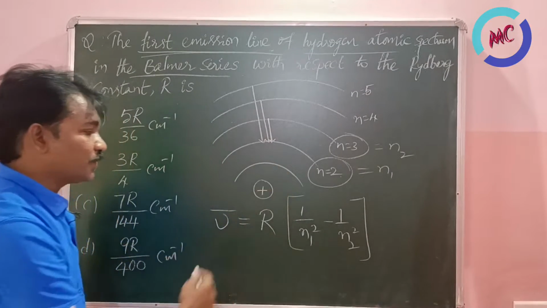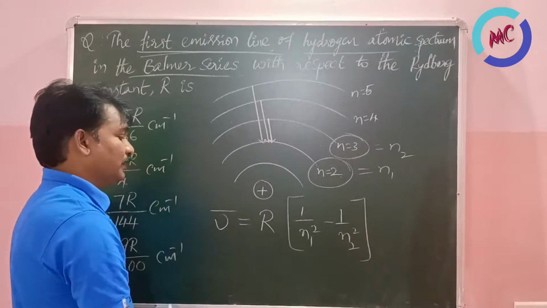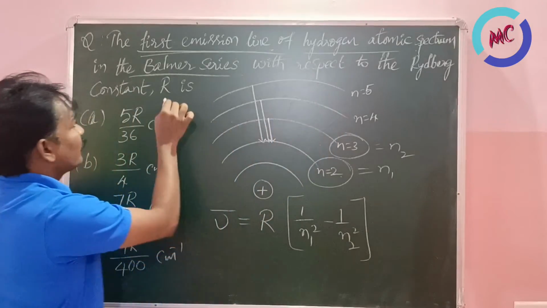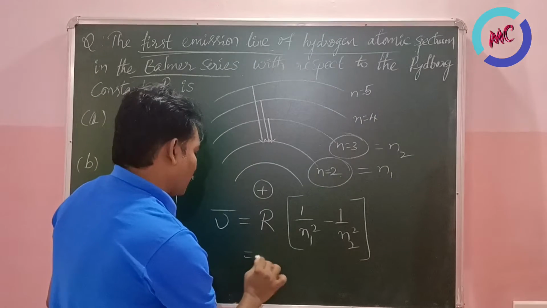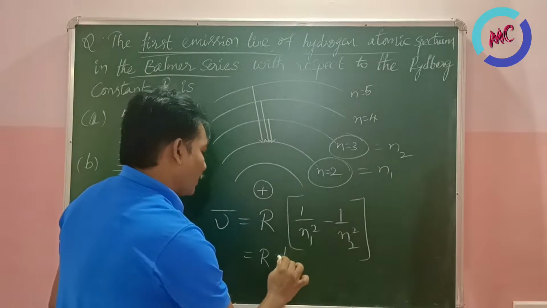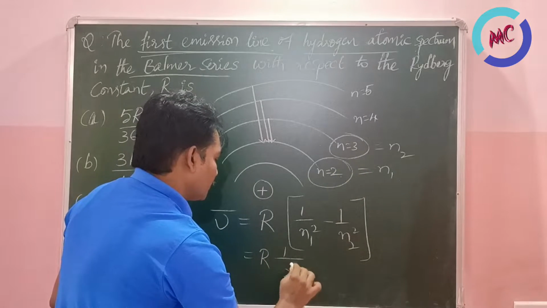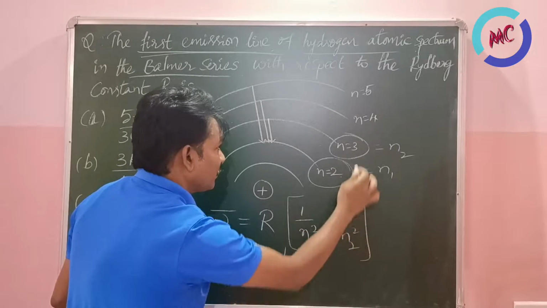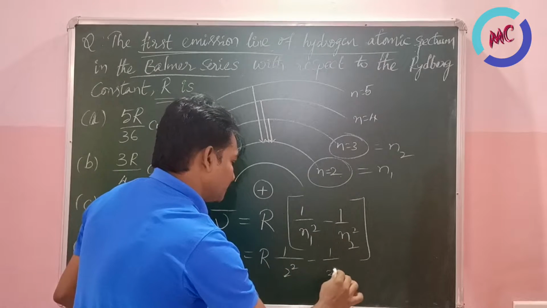Now we have to substitute the values, and I am not going to substitute the value of the Rydberg constant because they are asking with respect to R. So nu bar equals R (1 by 2 square minus 1 by 3 square).